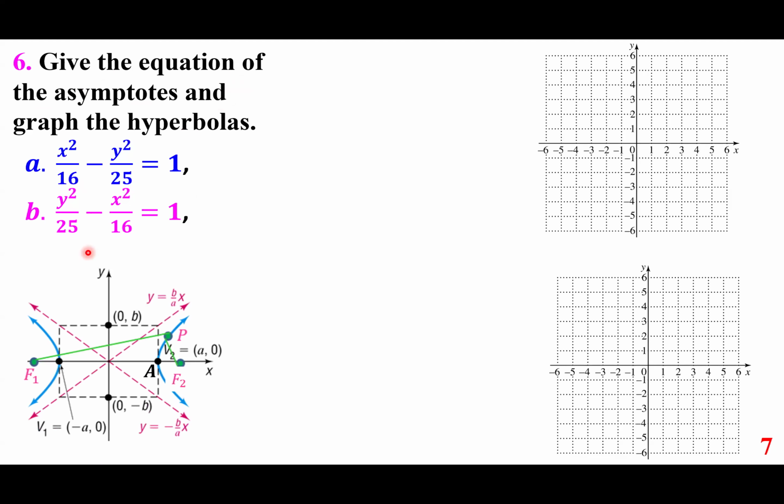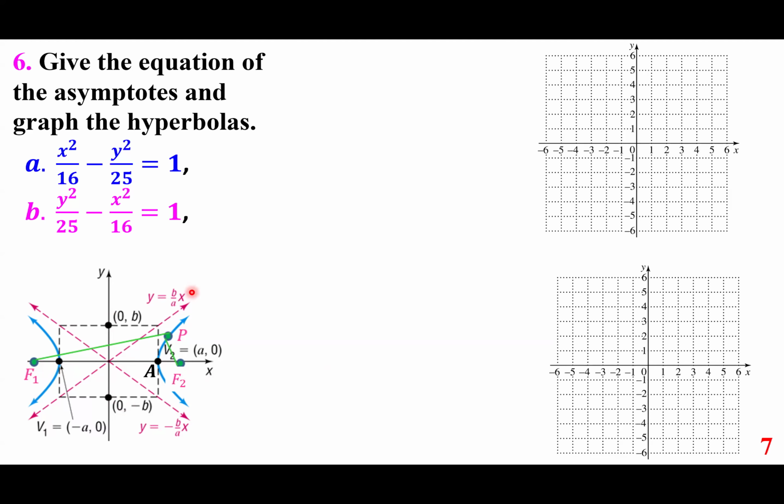So here's the graph of a hyperbola that opens sideways. The vertices in this case are the two x-intercepts at (a, 0) and (-a, 0). (0, b) and (0, -b) will help us with the graph, but of course they're not part of the graph.